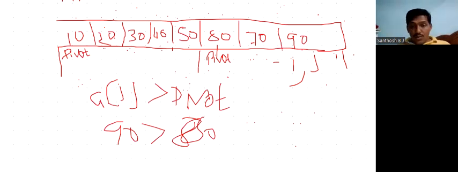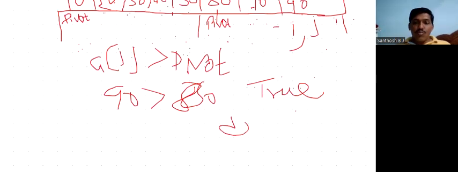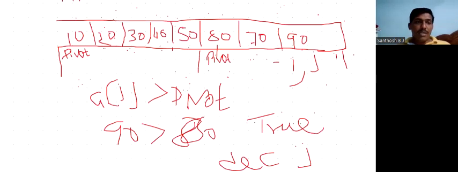The condition is true, which means decrement your J value. Here J is now at 90. If it decrements, it goes to this place.